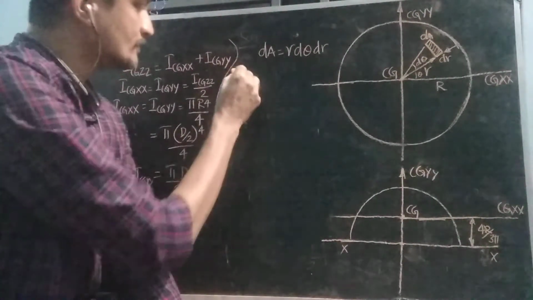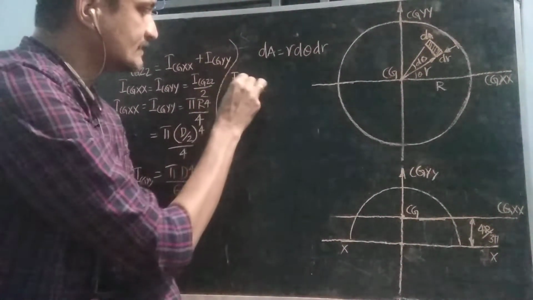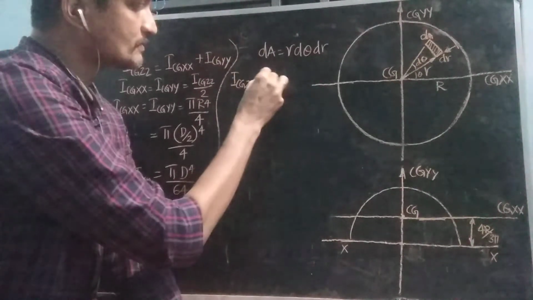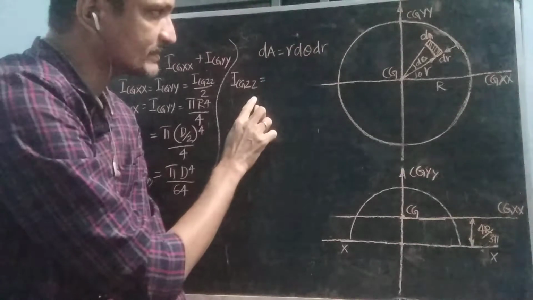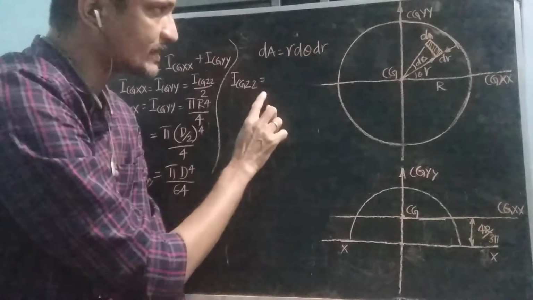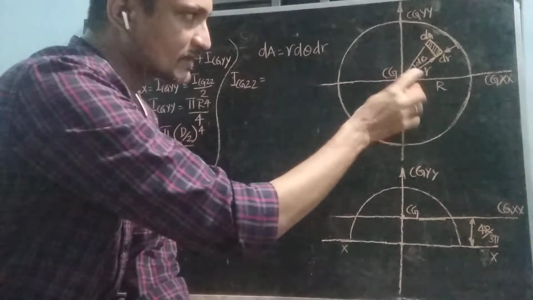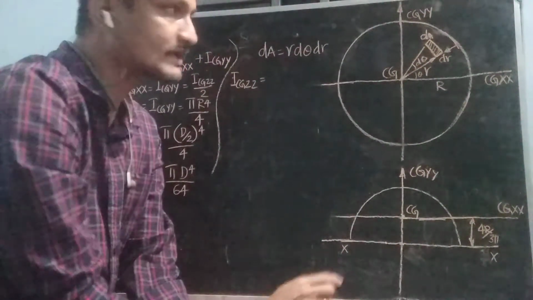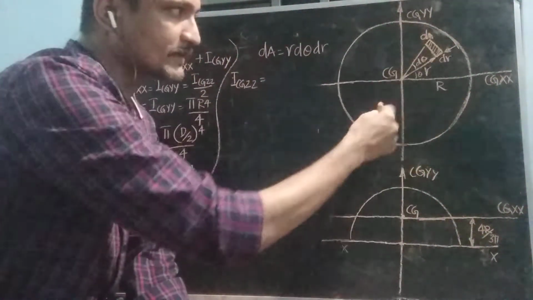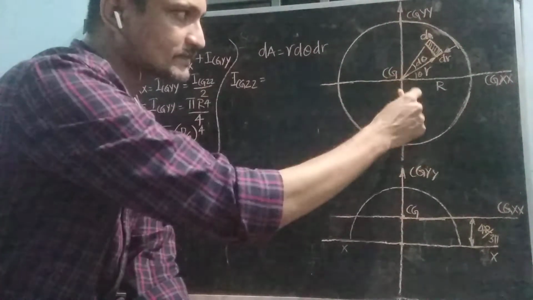Then we know that ICGZZ, polar moment of inertia, means the moment of inertia of the area about an axis which is perpendicular to the plane of this particular figure, the plane of this area or plane of the circle.